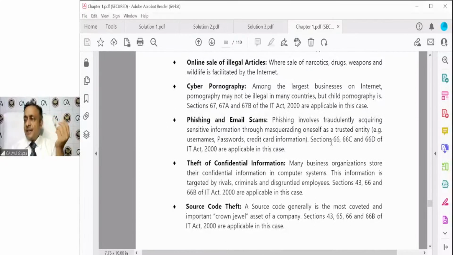Keep a tag of the nature of fraud and its section, so you can create a table. Serial numbers 1, 2, 3, 4, the name of the fraud, say phishing, email scam, and in front of that write the section number of the Information Technology Act for fast remembrance.